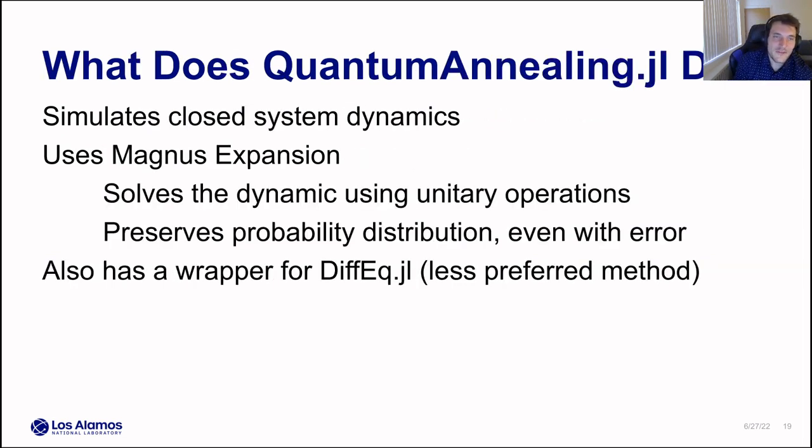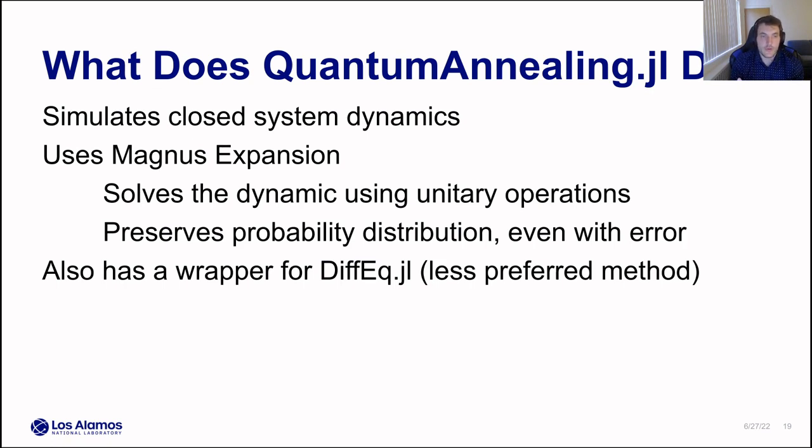So what exactly is QuantumAnnealing.jl doing? We're simulating the closed system dynamics, and the way that we're doing this is through something called the Magnus expansion. A Magnus expansion aims to get a very good approximation to these unitary transformations by breaking our anneal into several individual steps and then approximating the unitary for each of these little steps and then multiplying them all together. The big benefit to this is that you end up preserving your probability distribution in your quantum state vector, even if you have slight errors in your computation.